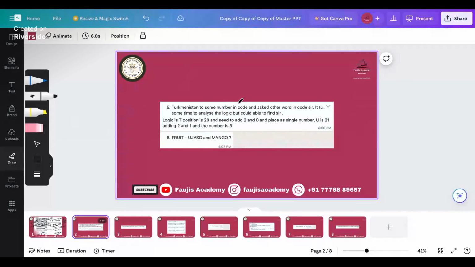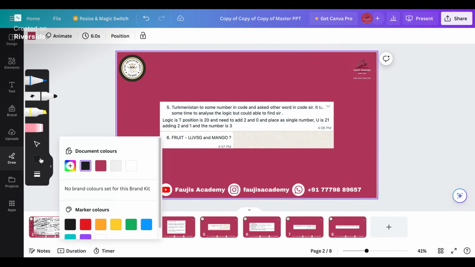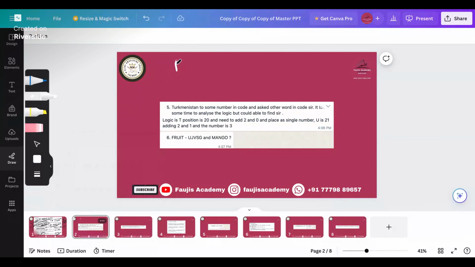Turkmenistan to some number in code, a coding-decoding logic. Okay, let's check this one. Let's talk about the other one. Fruit becomes FRUIT to UJVSG. Everybody knows E, J, O, T, Y. E is how much? 5, 10, 15, 20, 25. F means 6.